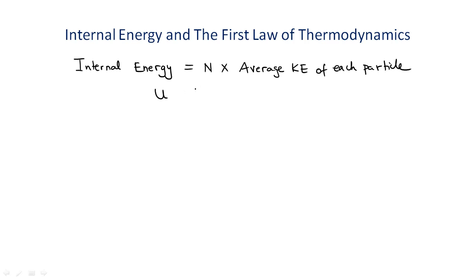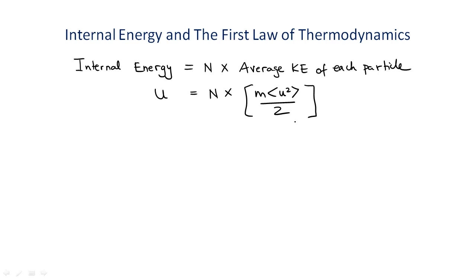So U is equal to n times m average of v squared divided by 2, which is the average kinetic energy of each particle.